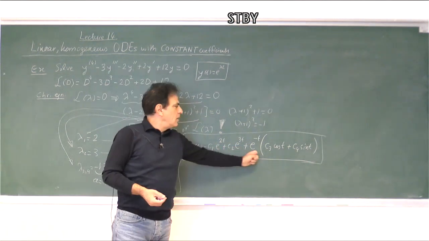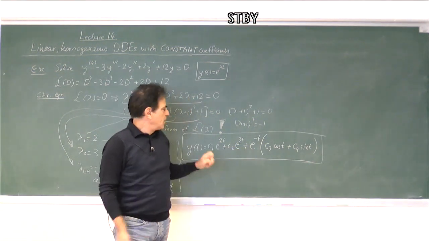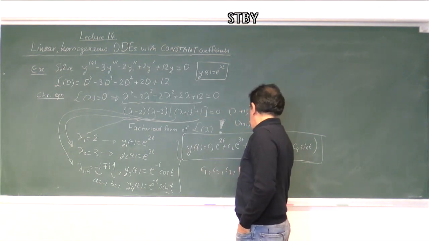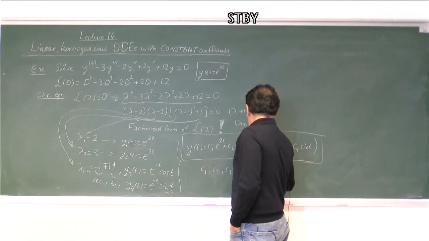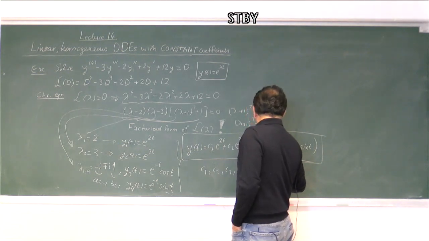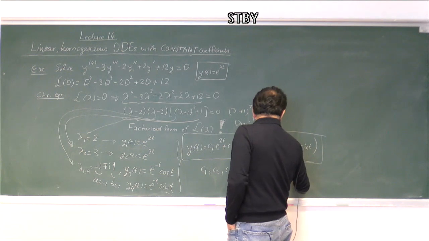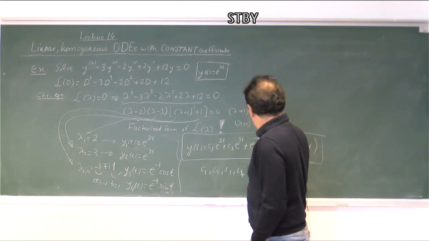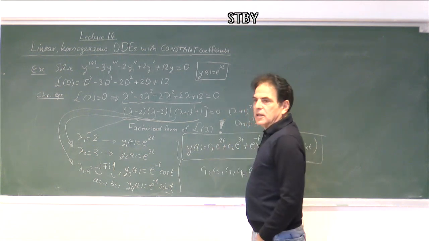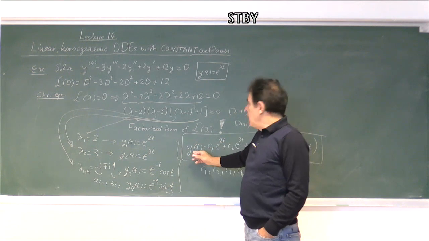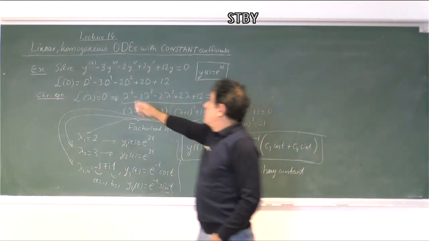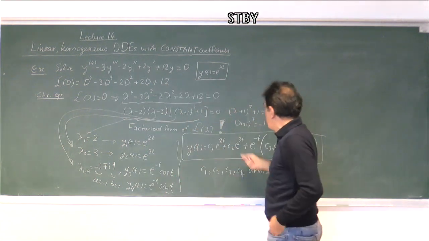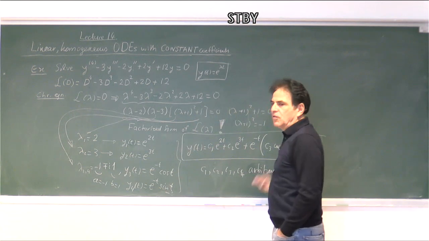So we find the general solution where C1, C2, C3, C4 are arbitrary constants, in the sense that for any values of these constants, the function in this form describes a solution of our equation. Okay?